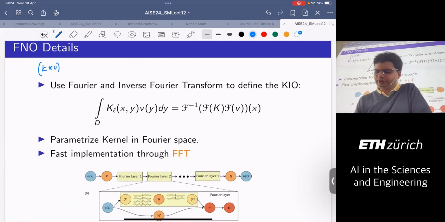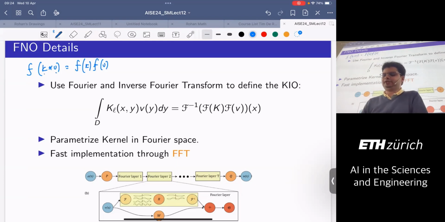So all of you know that when I take the Fourier transform of a convolution, what happens to that? Multiplication. Very good. This is the one thing I remember from my harmonic analysis classes, is that this becomes a multiplication. So this is in physical space, and in Fourier space, this becomes a multiplication.